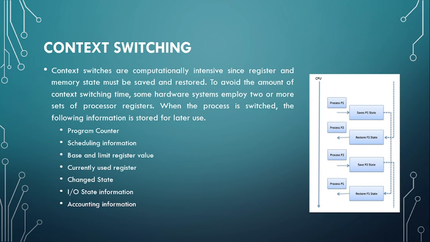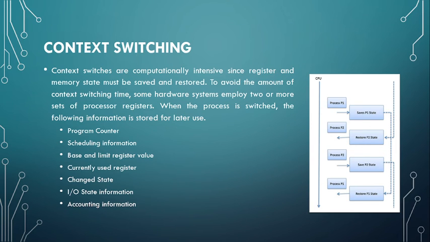Context switches are computationally intensive, since register and memory state must be saved and restored. To reduce the context switching time, some hardware systems employ two or more sets of processor registers.